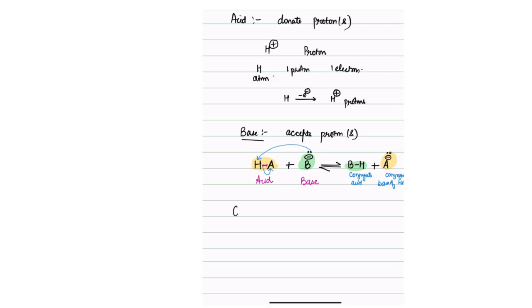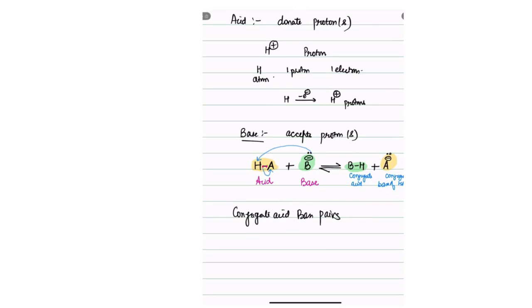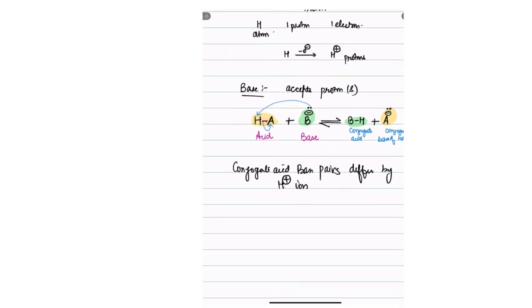Conjugate acid-base pairs differ by an H positive ion. If you compare HA with A negative, they differ by one H positive ion. The only difference is of H positive ion. Similarly, if you compare base B negative with BH, they also differ by one H positive ion.